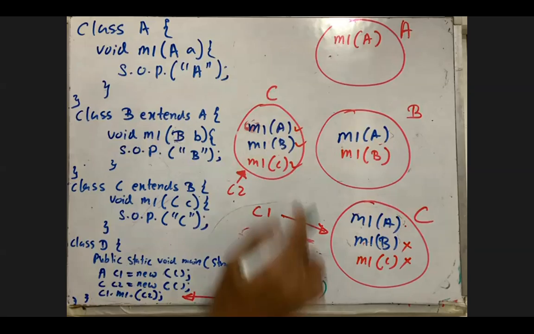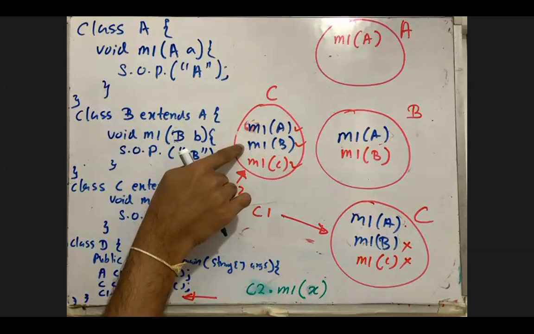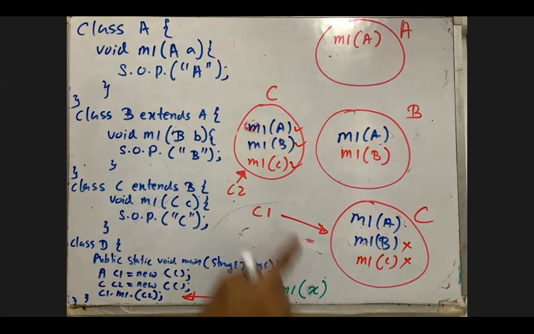If X is a B type object, it will call the second method. If X is a C type object, it will call the third method. According to the object, it decides which method to call.